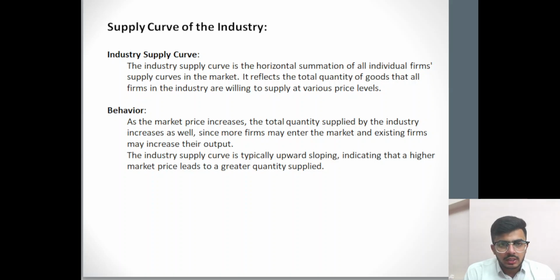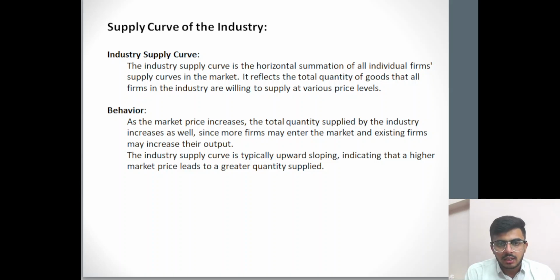Now the supply curve of the industry is the horizontal summation of all the firms' supply curves in the market. It reflects the total quantity of goods that all firms in the industry are willing to supply at various price levels. As the market price increases, the total quantity supplied by the industry increases as well, since more firms may enter the market and existing firms may increase their output.